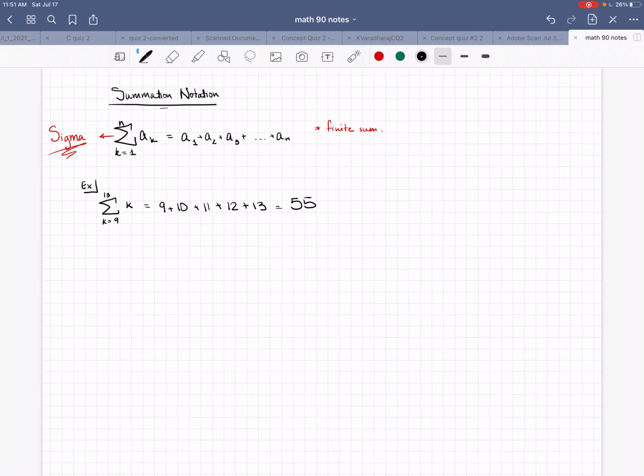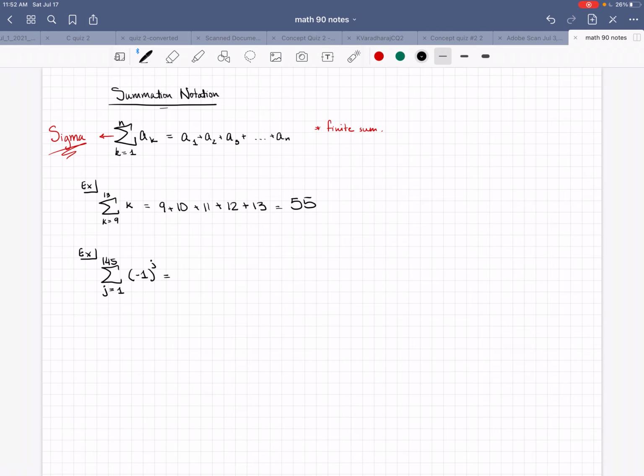Let's try another one. So this is an example where we might want to think about the pattern rather than write out all of the terms. So here we have this sum. Notice that in this case, we're indexing on j.